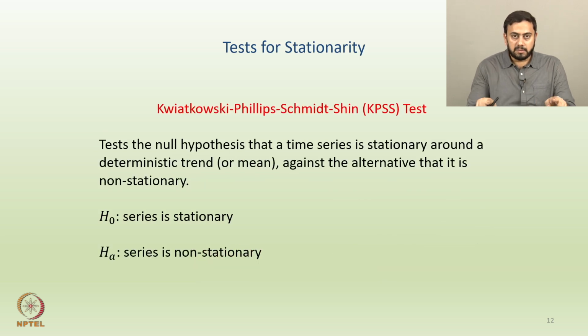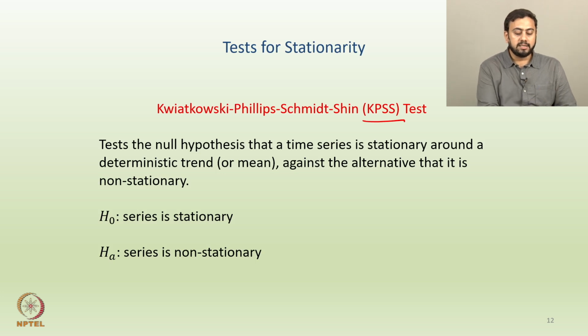Then the next one, the name is slightly difficult, so even I won't pronounce that. In short it is called the KPSS test. KPSS are the initials of 4 people, and they produced this test in a combined research paper.